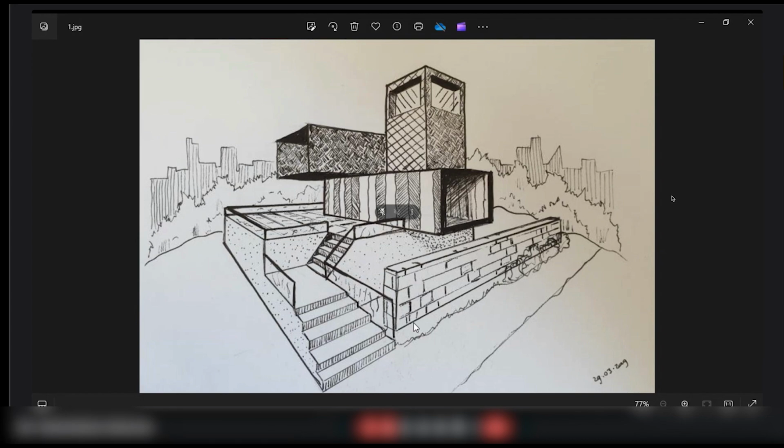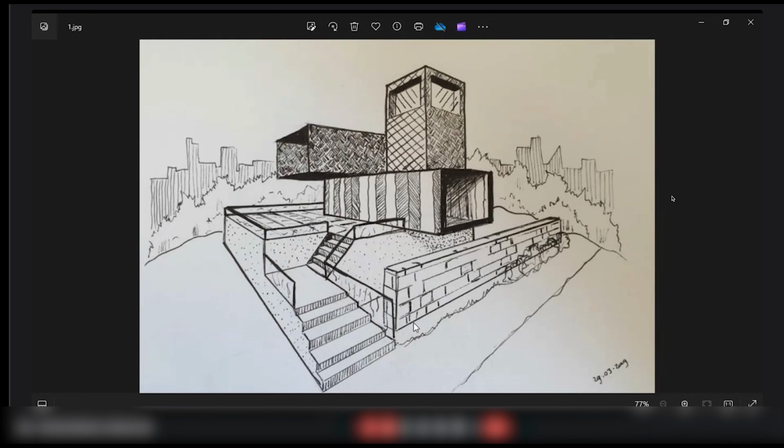Sir, there is rendering taken here, and atmospheric perspective has also been taken, correct. But other than that, I am unable to bring out whether it is 1 point, 2 point, or 3 point perspective. Sorry to cut you off. 1 point, 2 point, and 3 point perspective we will discuss later on in detail, so that is not an issue. Atmospheric perspective and rendering have been taken care of.